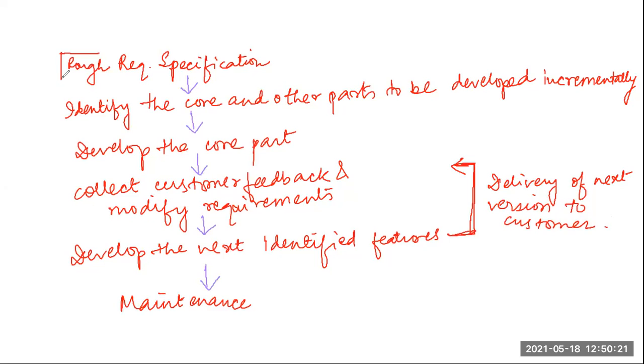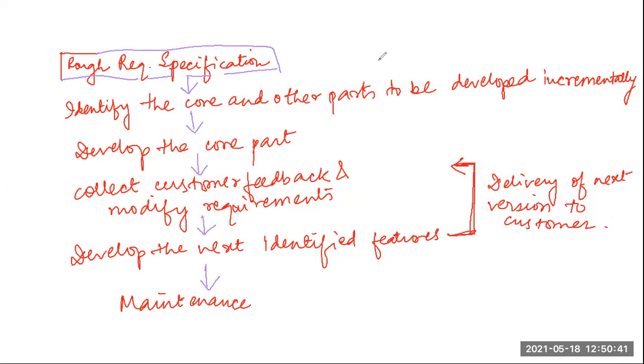I am not drawing the boxes because, since I am using a digipen, it will not be as exact. These are all enclosed in boxes. So what is this? First we get the specification, then we identify which are the core models and which are the non-core models, and we start developing.